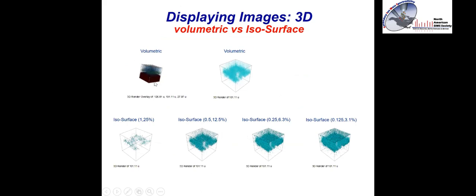If we compare this volumetric render here, which is just a volumetric render of the peak at mass 101, to an isosurface render, all 4 of these pictures at the bottom here are the same data for mass 101, but using a different setting for an isosurface.